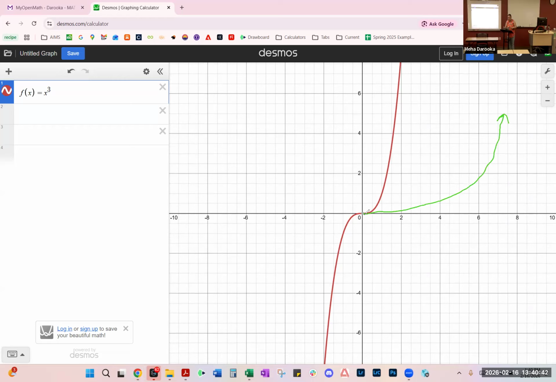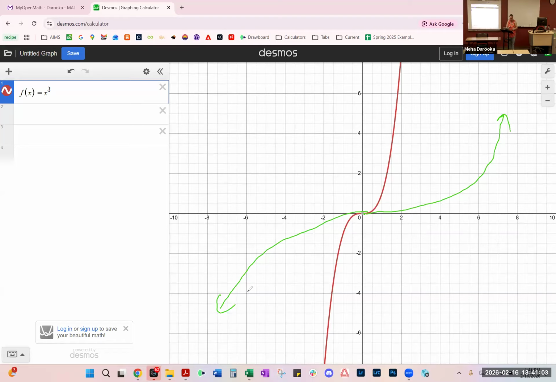As your x values get large, you are still heading upwards, and you're heading upwards at a much faster rate, right? Because it's x to the third. But you are still going to use up all the values on the x-axis. And same thing on the left-hand side. As your x values get really small, you will start going downwards on your graph.